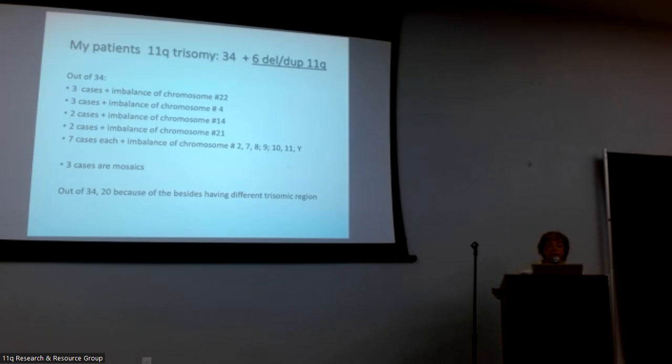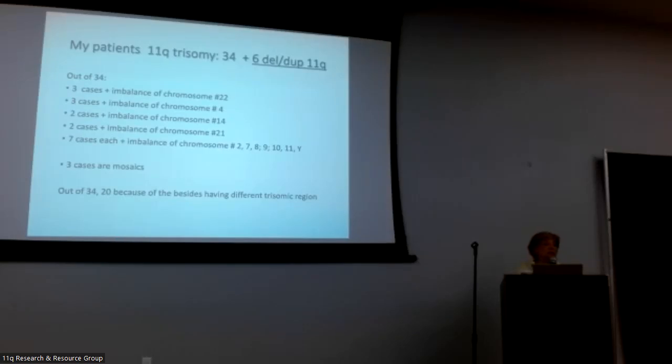Out of 34 cases, not including del-dup 11q, there are 3 cases with imbalance involving chromosome 22, 3 cases involving imbalance number 4, 2 cases involving imbalance of chromosome 14, 2 cases involving imbalance 21, 7 cases, 1 each, chromosome 2, 7, 8, 9, 10, 11, Y. 3 cases are mosaics.